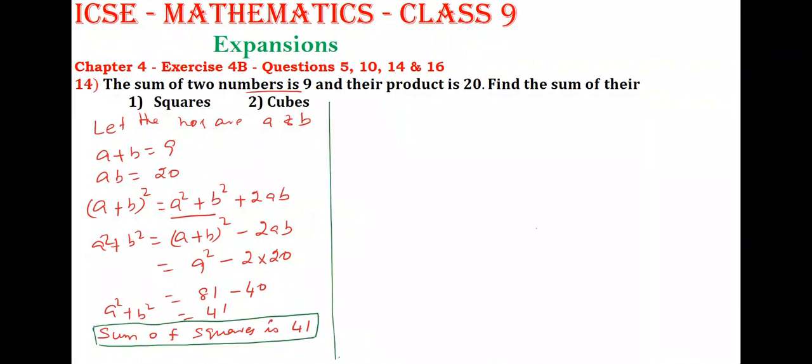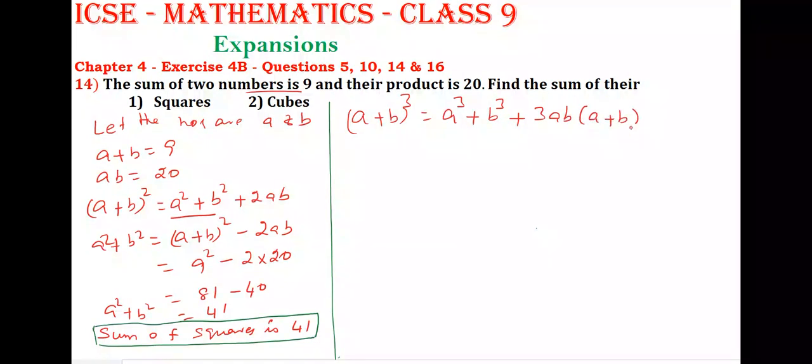The cubes. So we can take this formula: A plus B the whole cube equal to A cube plus B cube plus 3AB into A plus B. So A plus B is given as 9.